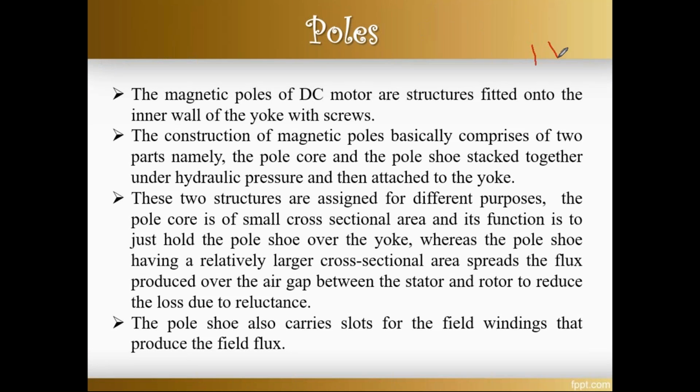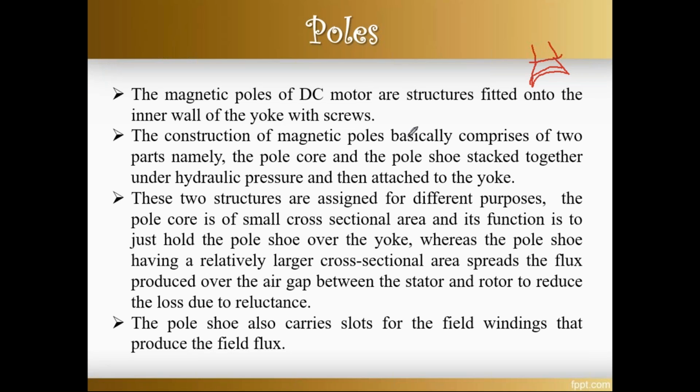This is the general structure of a pole. In that, this part we call the pole core and the remaining part we call the pole shoe. These 2 parts are stacked together under hydraulic pressure, and they are attached together. These 2 structures are assigned for different purposes.